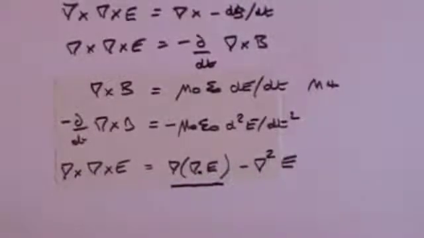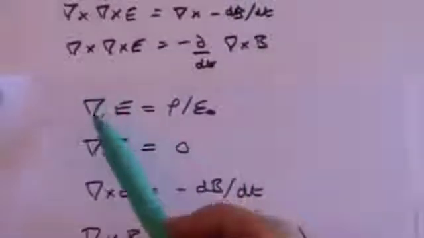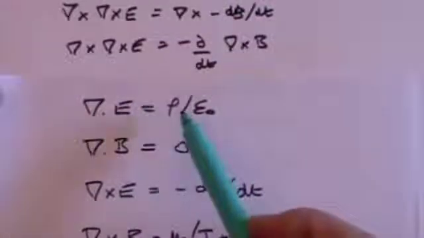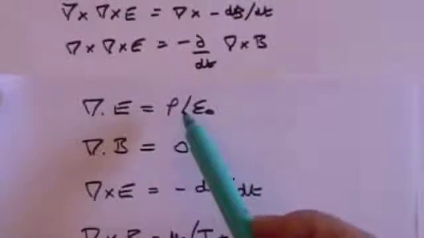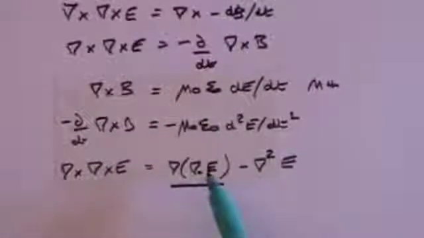Now let's just look at this term here, the gradient of the divergence, that's a dot there, of E. Well, we pull in now Maxwell's first equation, that the divergence of E is rho, charge density, divided by epsilon naught. If there is no charge around, then rho will be 0. Consequently, this term will be 0.